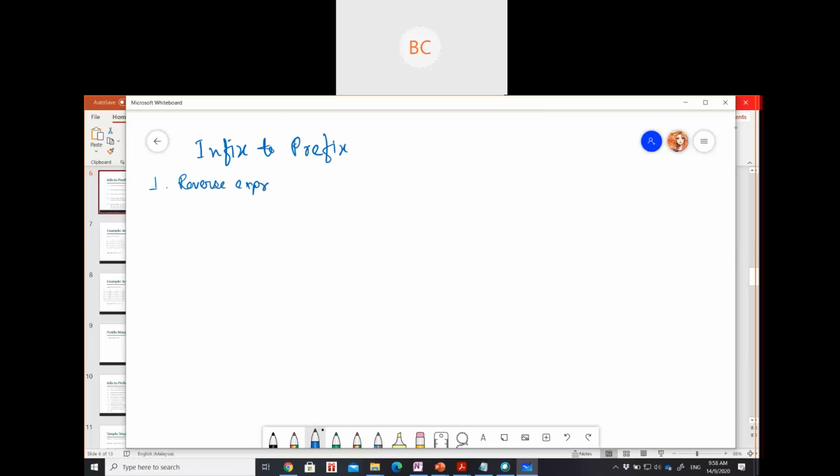That means your opening bracket will become a closing one, and your closing bracket will become an opening one. So everything will be reversed. Like for this example, a plus b, after reversing, will be b plus a.